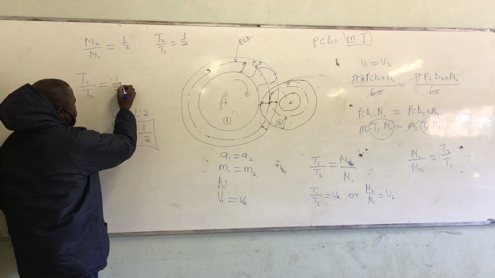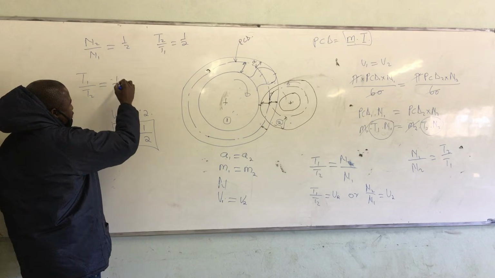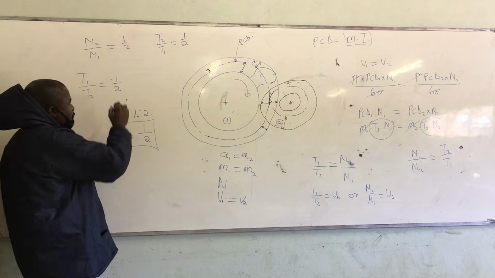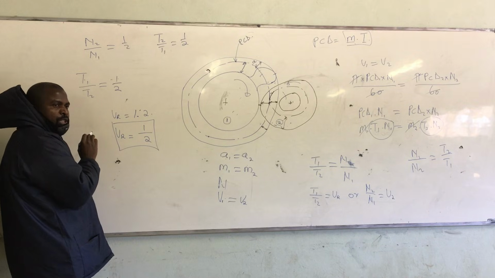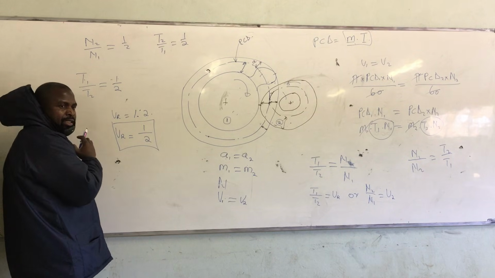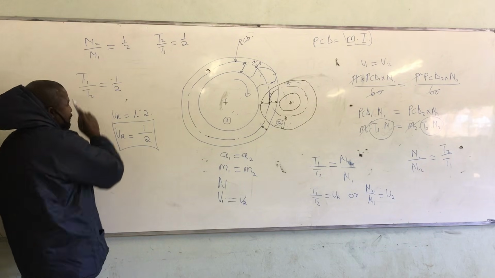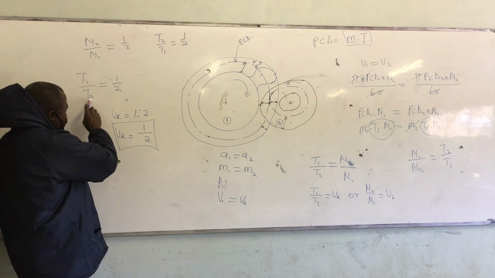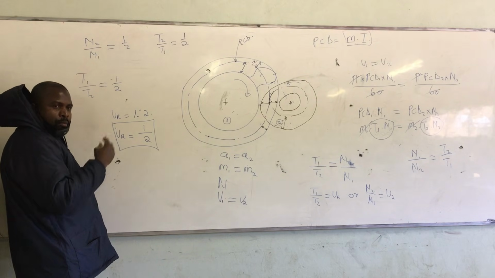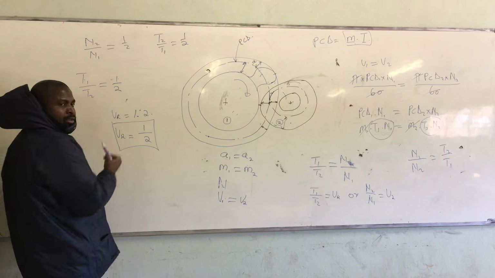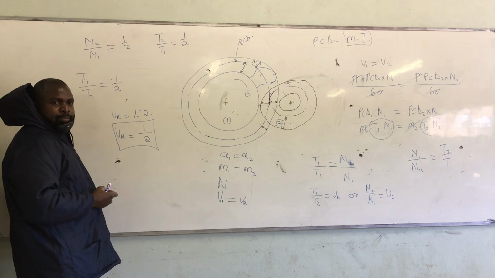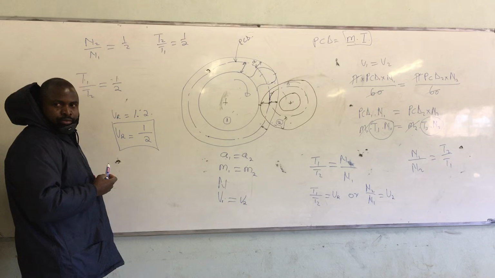1 over 2. 1 is less than 2. So it means on top here, you must put the number of teeth, the lesser number of teeth. At the bottom, you must put the greater number of teeth, because the denominator on this side is bigger than the one on top.